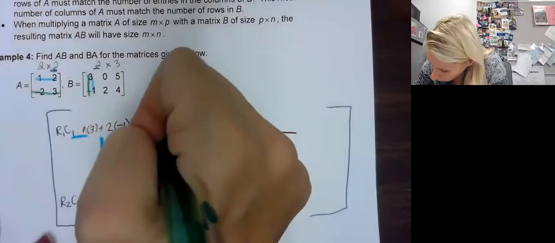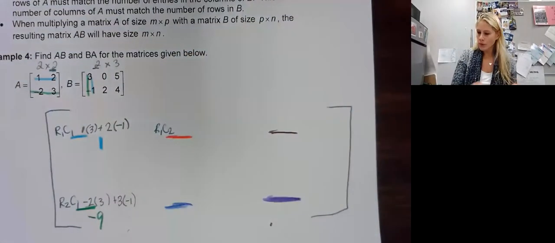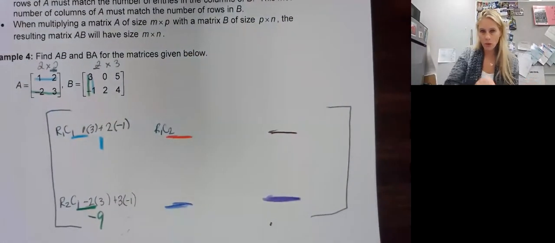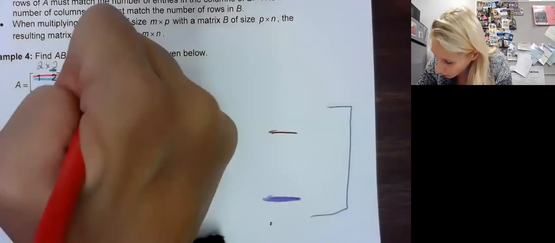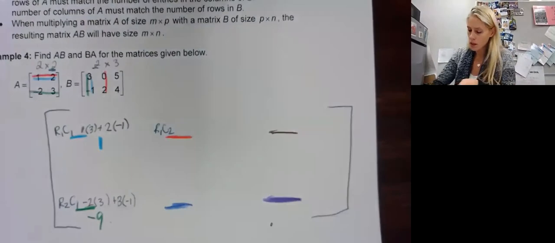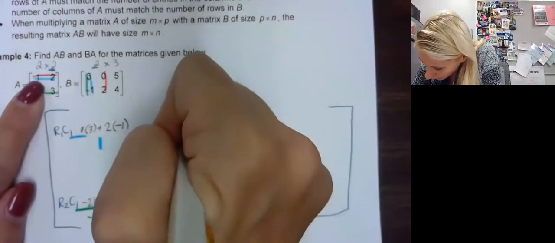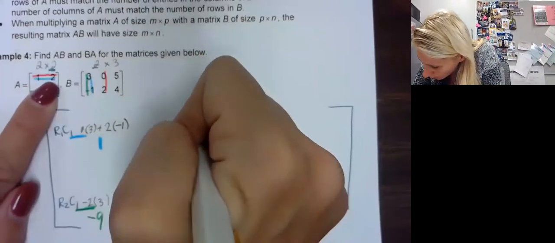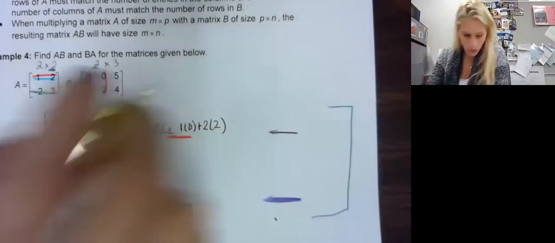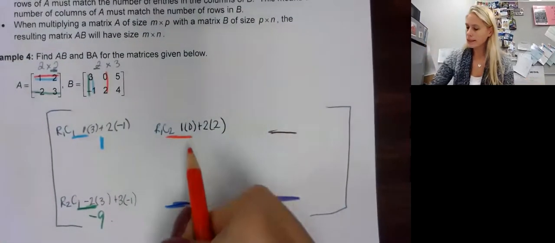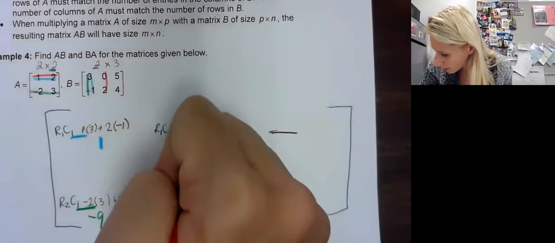This is row 1, column 2. So we're using that kind of orangey red. So row 1, column 2. So I'm multiplying 1 times 0 plus 2 times 2. That's 0. 0 plus 4 is 4.